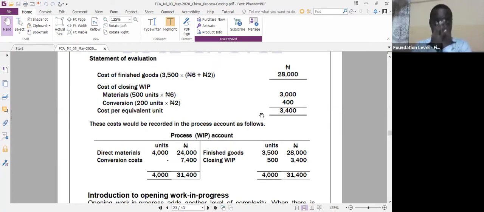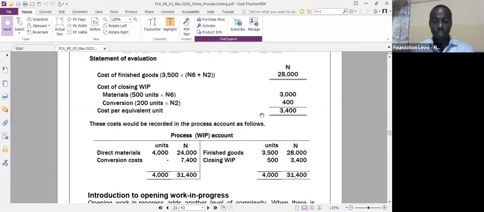Now we have looked at opening and closing work in progress. Closing work in progress is what we have just done now. What we said is that for closing work in progress, we first of all get our finished goods, then we now deal with the closing work in progress. Both the finished goods and the closing work in progress are being done using equivalent units.